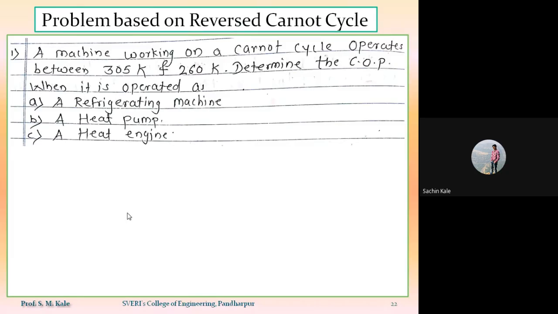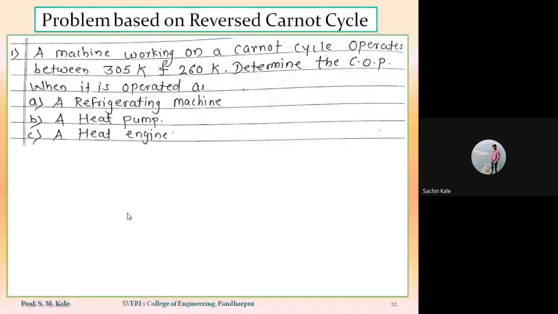Shubham. Hello? Vasudev Kodak. Yes, sir. Can you read the problem?